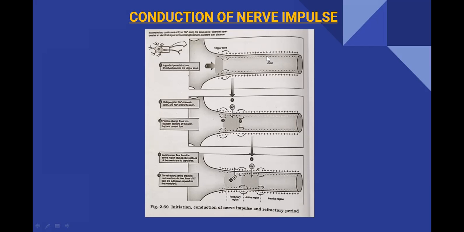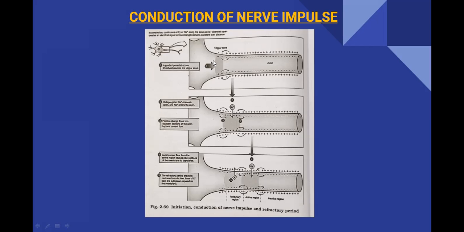As we have seen in the previous video, outside of this axon will have more positive charge, and inside of this neuron will have more negative charge. At this axon hillock region, all the positive ions will be summed up, and the axon hillock area reaches the threshold limit.